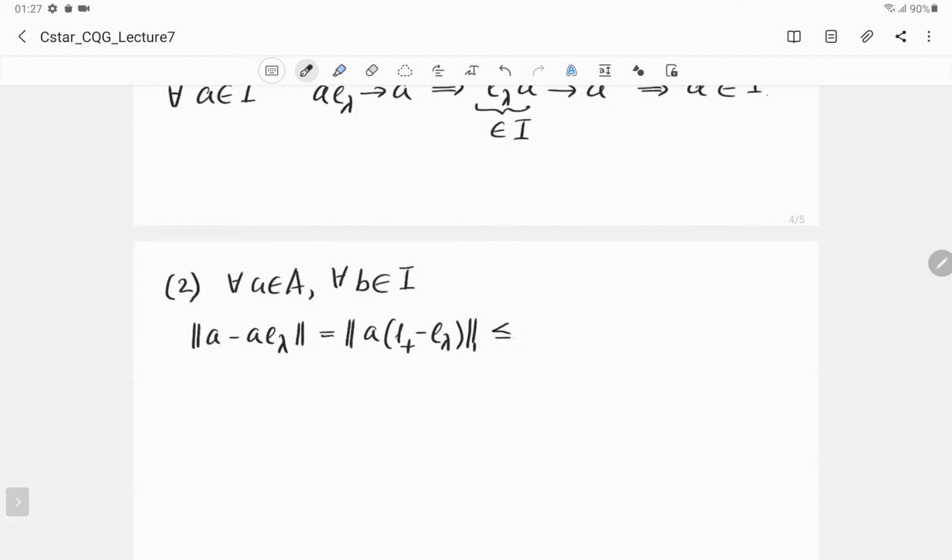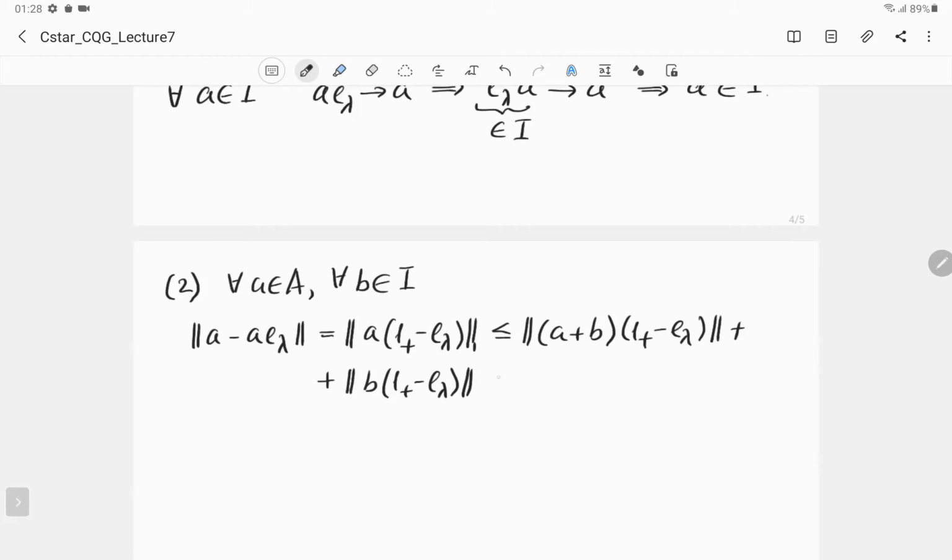This is less than or equal to the norm of A plus B times 1 minus e_lambda, plus the norm of B multiplied by 1 minus e_lambda. This is just the triangle inequality.